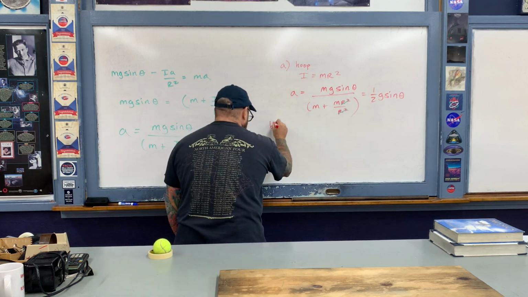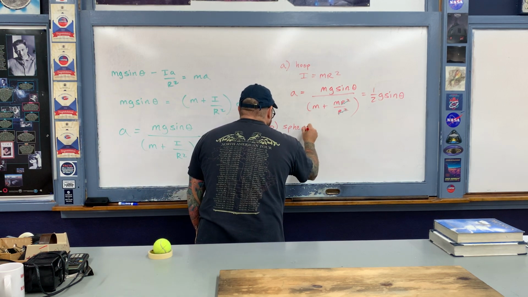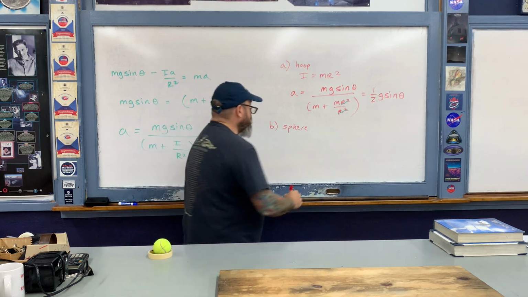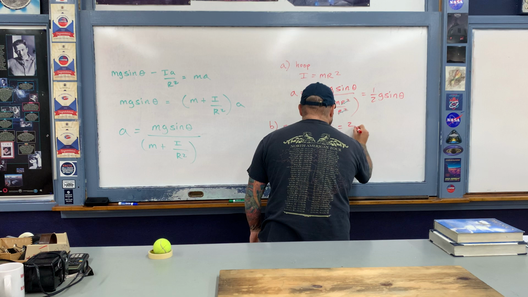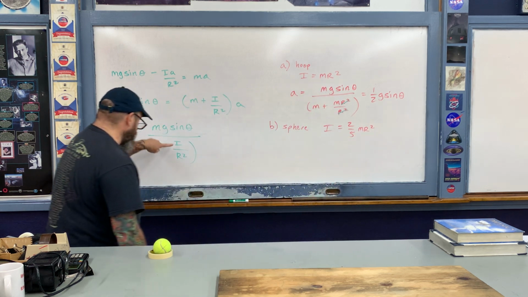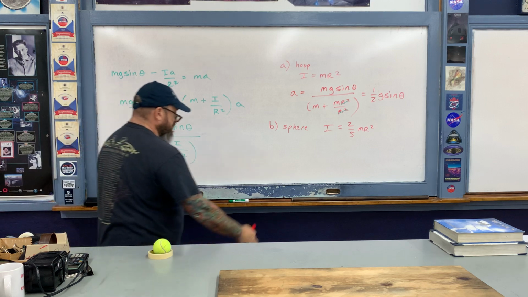We'll call this B. Okay, I_CM for the sphere is 2/5 mr squared. Let's go ahead and plug that in here in the denominator of our basic expression.